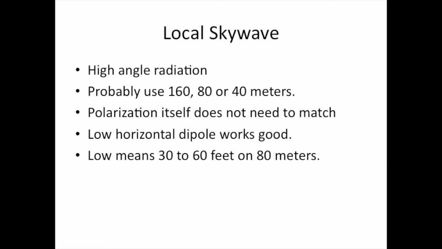In other words, you don't have to have vertical polarization to communicate with another station with vertical polarization. It doesn't make any difference when you're working skywave. A low horizontal dipole works great for local skywave, and low means 30 to 60 feet on 80 meters.